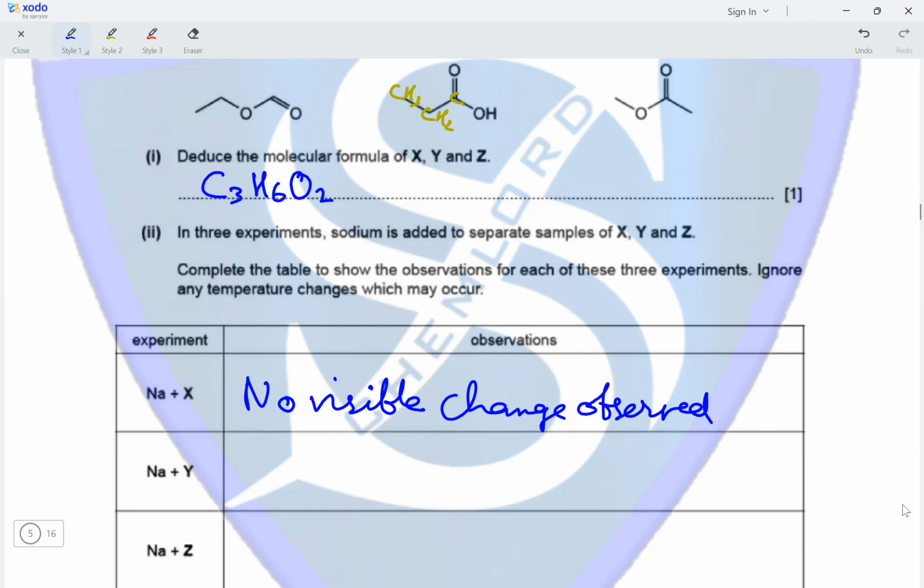Y is a carboxylic acid. When sodium is added to a carboxylic acid, we would see effervescence and a colorless gas evolves.